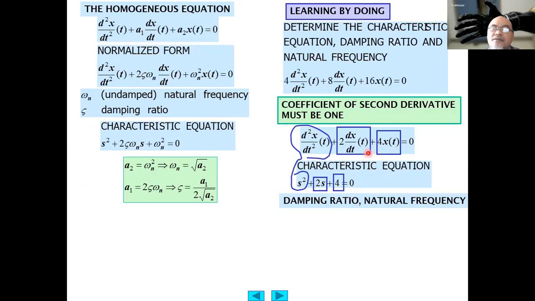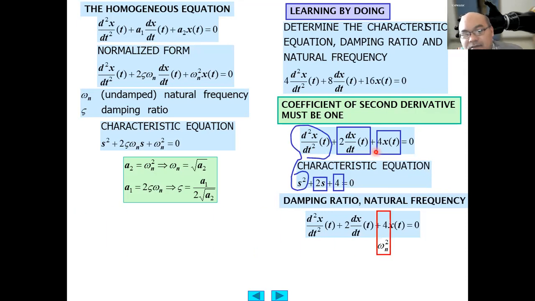To find the damping ratio and natural frequency, 4 equals omega n square, right? The A2 is 4. So omega n equals the square root of 4, which is 2. Then 2 zeta omega n equals 2, so zeta omega n equals 1.